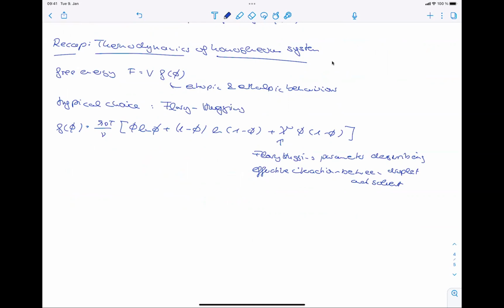So first of all, the chemical potential. That is the first order derivative, which we can also, now that this is written in terms of volume fraction, write as V f prime of phi, and d phi dn.